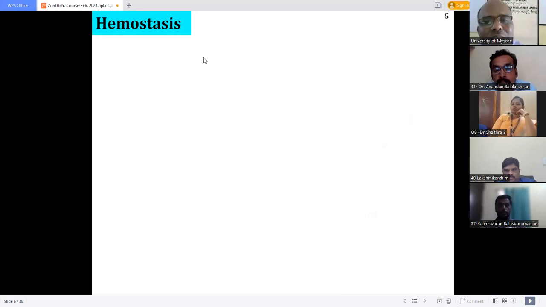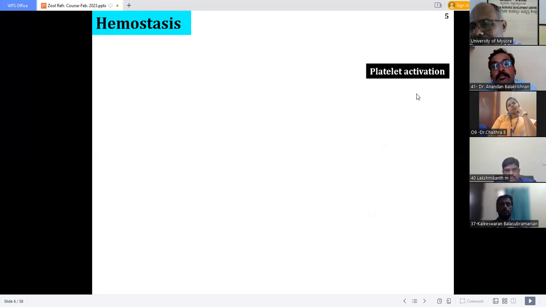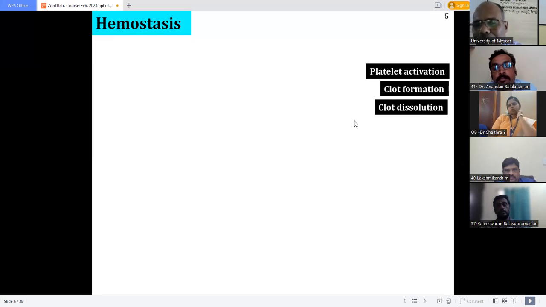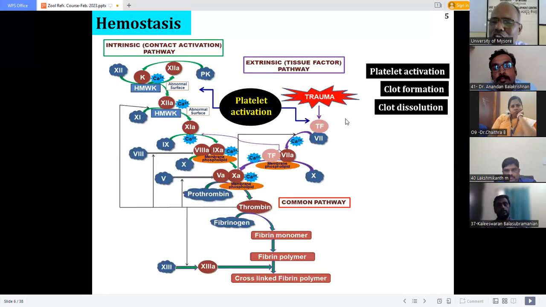Now, let me give you the gist of hemostasis. Hemostasis, as I already mentioned, is an acute phase response to a tissue injury. It involves platelet activation, clot formation, and clot dissolution. Whenever there is a vascular injury, blood vessel injury, immediately platelets get activated.